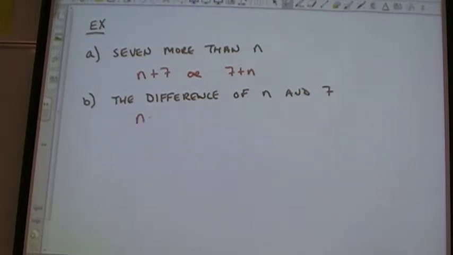Now, with subtraction, the order does matter. If I do 10 minus 7, that's not the same thing as 7 minus 10, is it? What's 10 minus 7? 3. What's 7 minus 10? Negative 3. So order of addition does not matter. Order of subtraction does matter. So be very careful when you see difference.